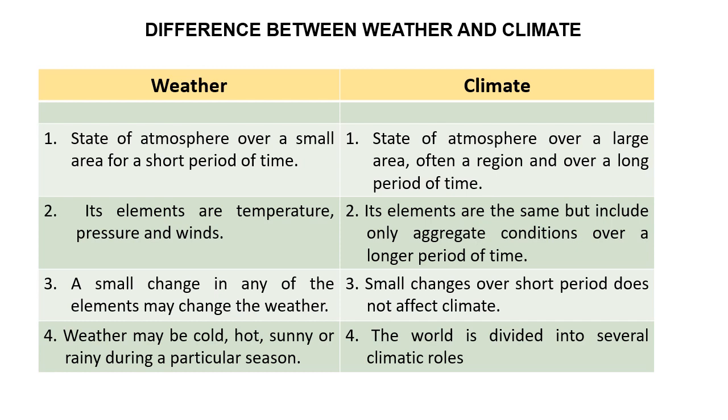So these are the differences. Weather talks about a very small area or a short period, and climate always about the atmospheric condition of a large area, often a region, over a long period of time.